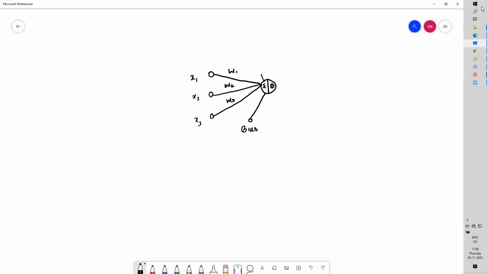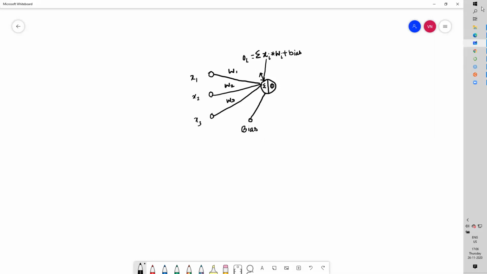On the summation, this is what is going to happen: sigma xi into wi plus bias. That's going to be happening at this point. Let's call this OL, the output of the left-hand side.